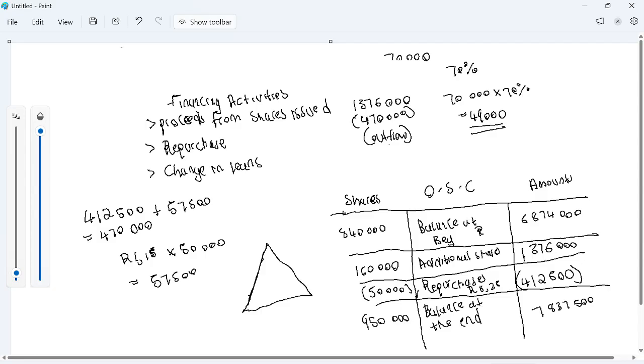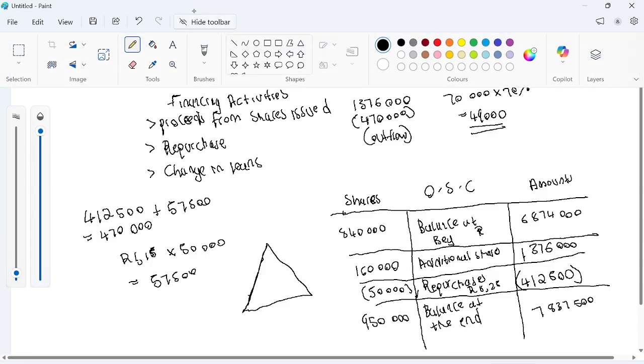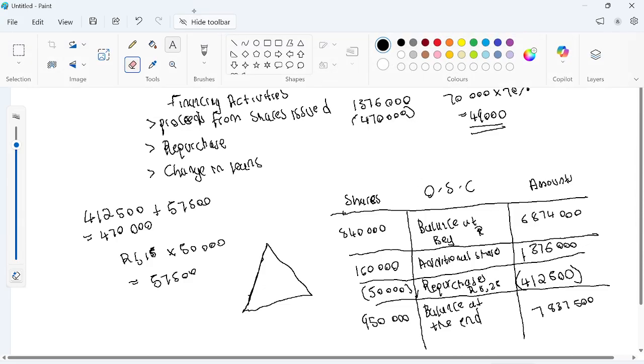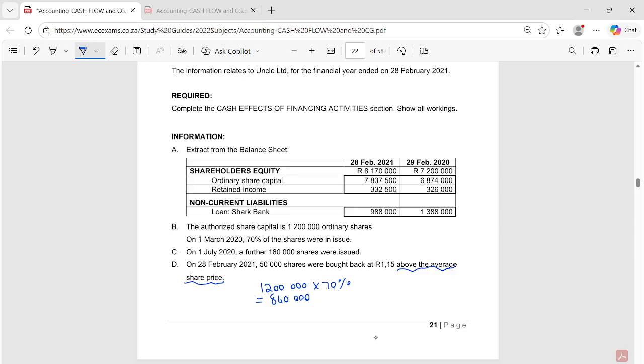Yeah. So now here we are focusing on our loan, right? So let's look at our loan here. Our loan decreased, right? So decreased from 1,388,000 to 988,000. So 1,388 minus 988.